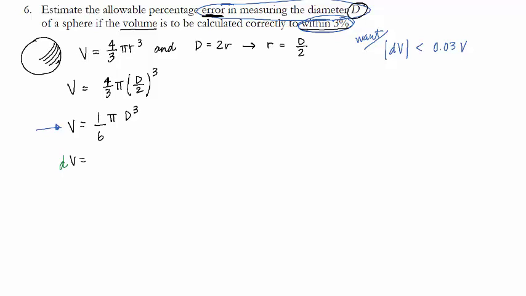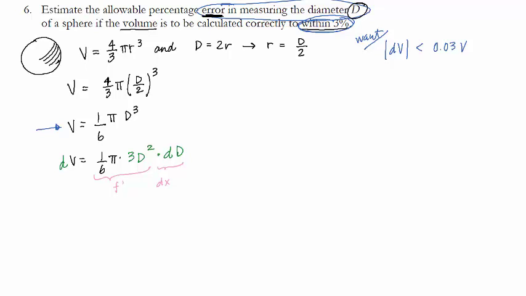So the change in volume is just the derivative of this guy. So you look over here at this black equation, d is the variable, bring down the 3: 1/6 pi times the derivative of d cubed, 3d squared, times the differential change in diameter, dd, by the chain rule or by the differential formula where we have this guy as f prime and this guy as the dx, or in this case it's a dd, that's our variable.